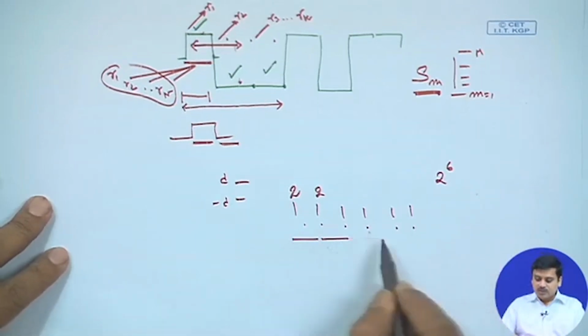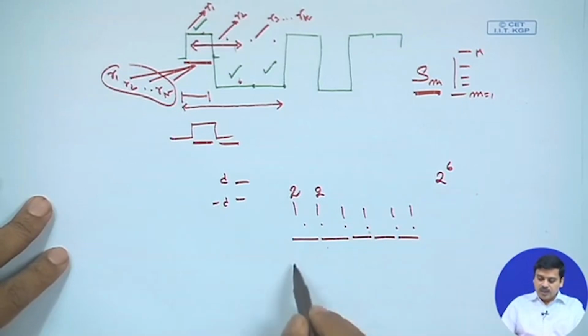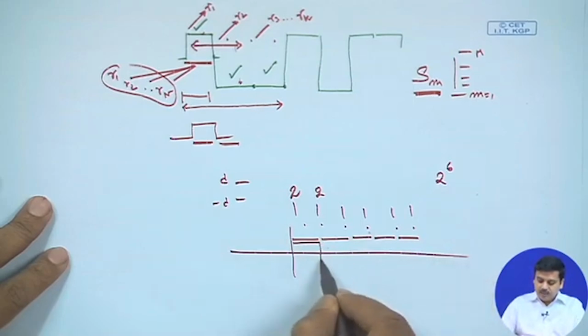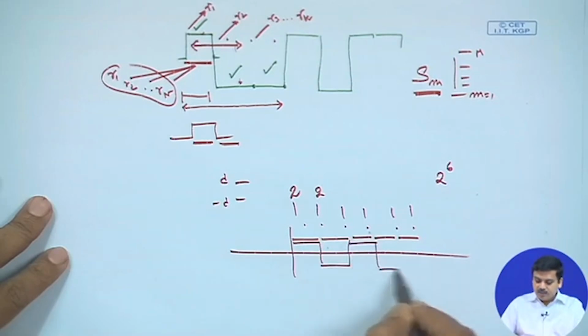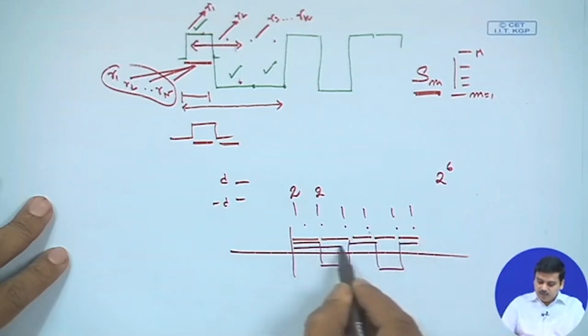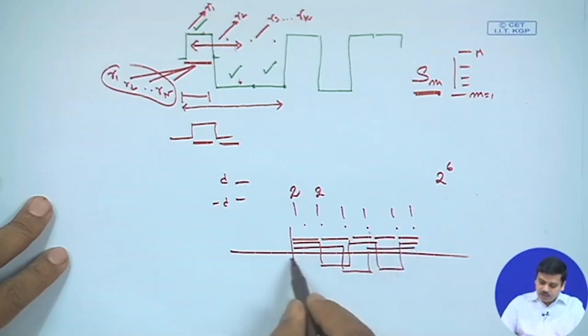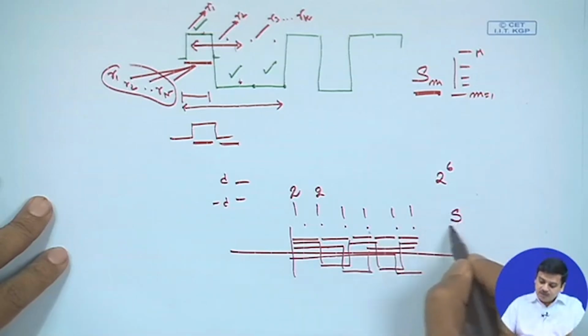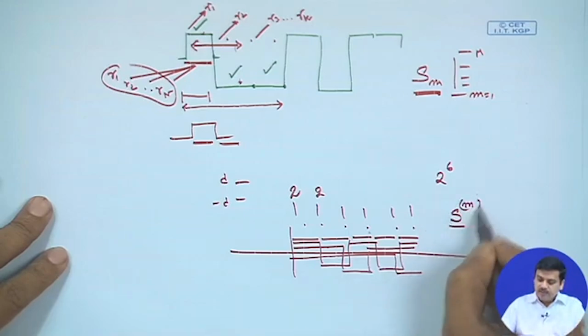One sequence is all plus d, another sequence is probably a plus d, a minus d, a plus d, a minus d, and so on and so forth. The other sequence could be, then another sequence could be. So, these are all the different possible sequences and each sequence is indicated by this.